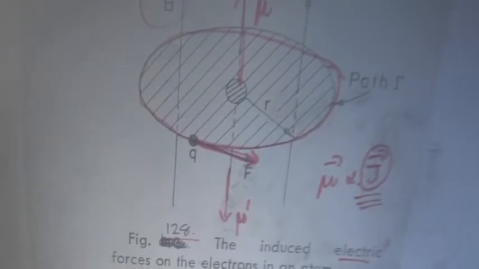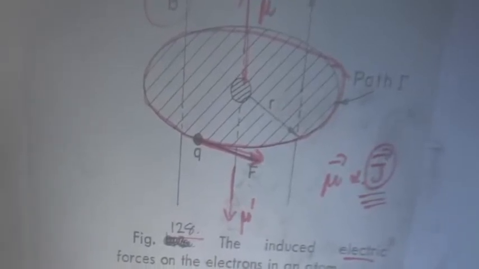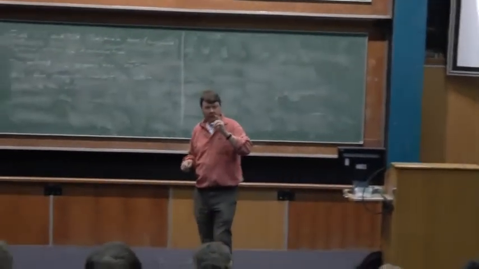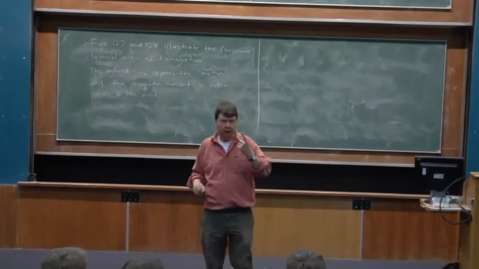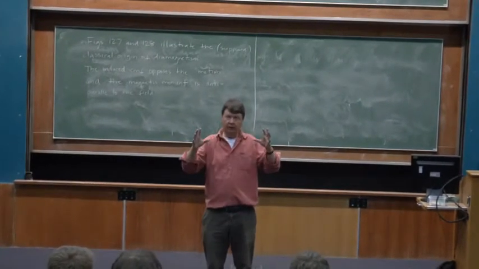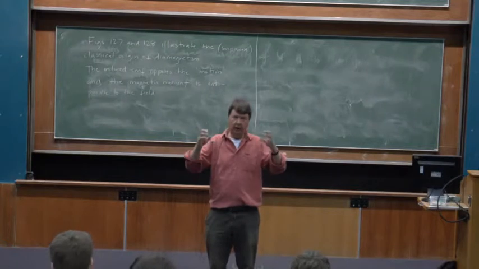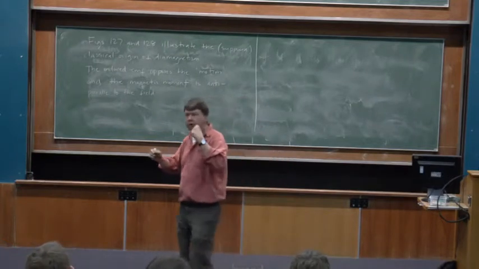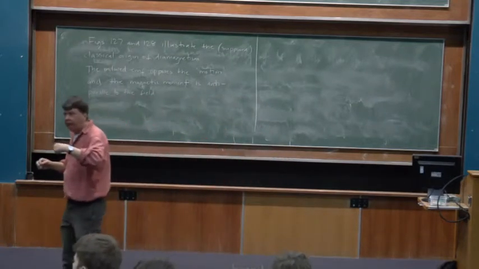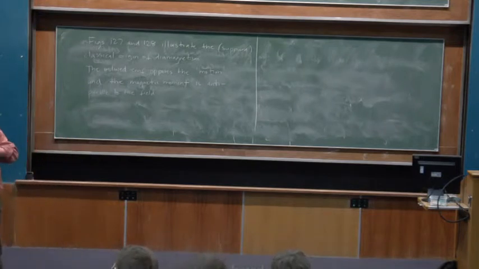For diamagnetism, remember this is an induced magnetic moment, so most material doesn't have a magnetic moment to start with. If you put it in a field, you induce a moment that opposes the field, so it's repelled.